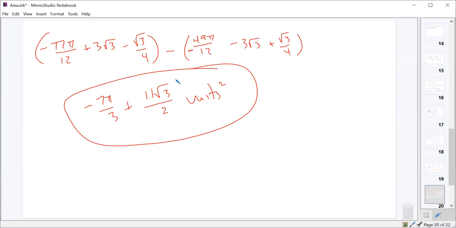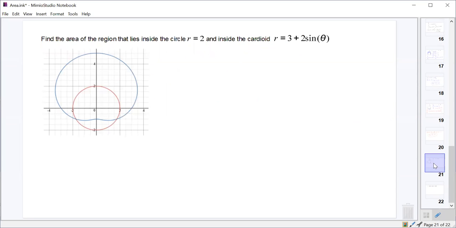Getting the idea? Now let's see if we can get through 2 more here in the next 4 minutes. So same 2 problems. Now we want to find the area that's inside the circle and inside the cardioid. So that's going to be this section right here.